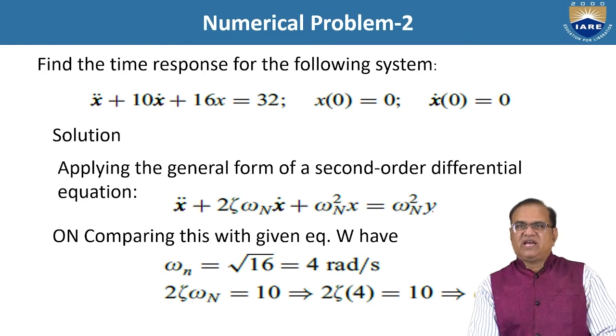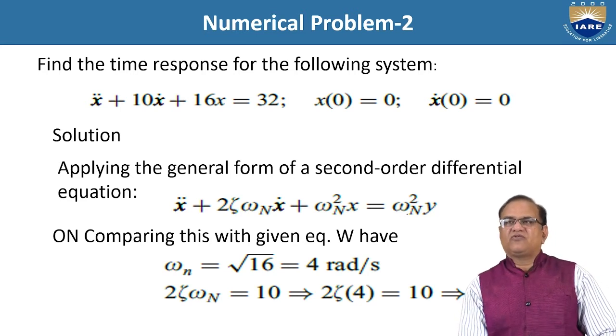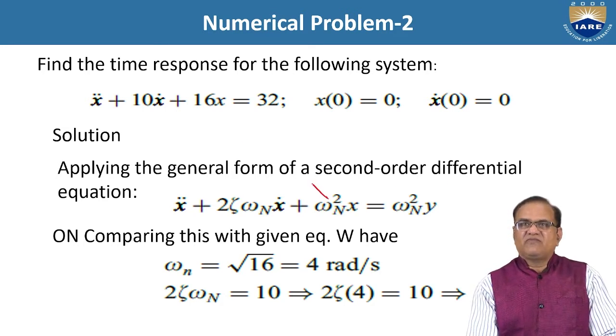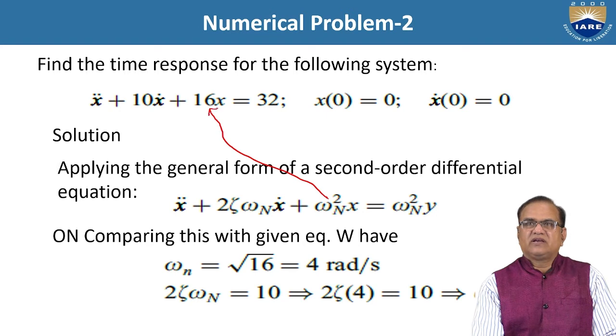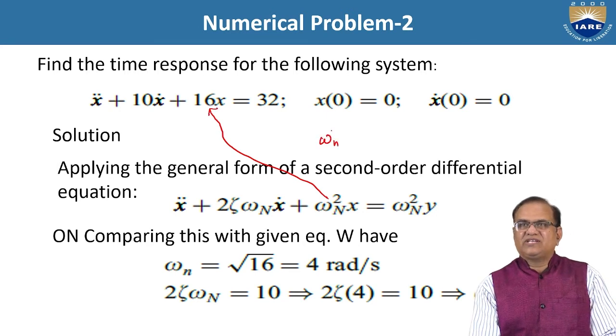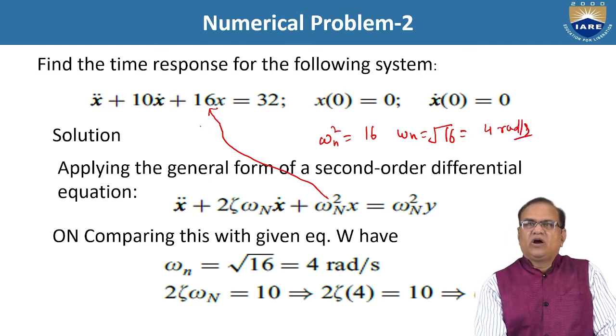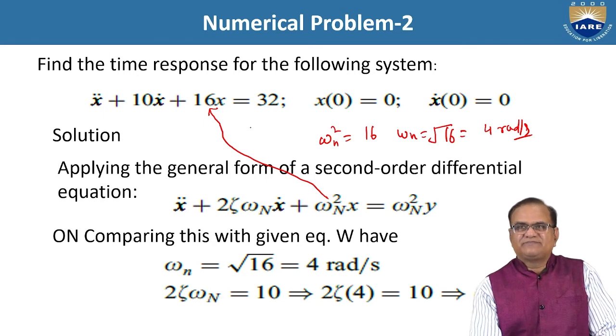From this we have to find that omega n square is equal to 16. If you compare from here to here, omega n square is equal to 16. So omega n is equal to under root 16, and this we will get 4 radian per second. So we have got the omega n.